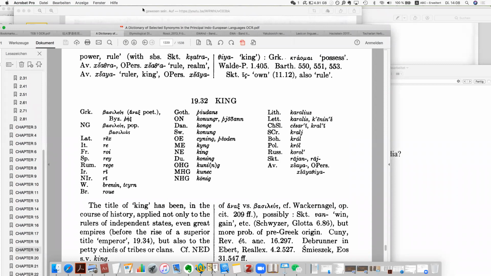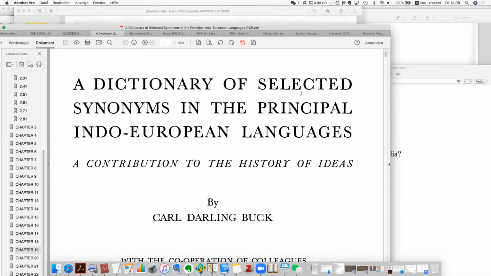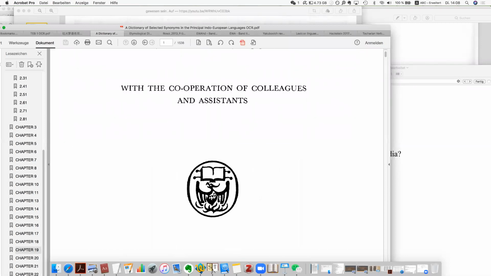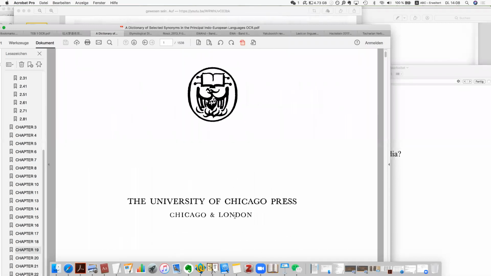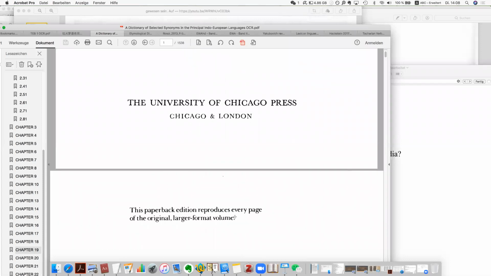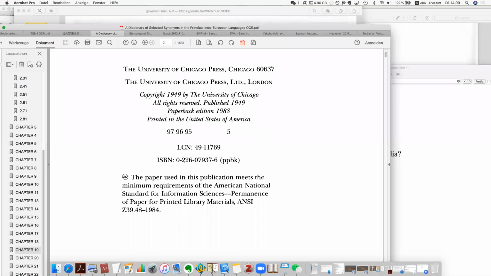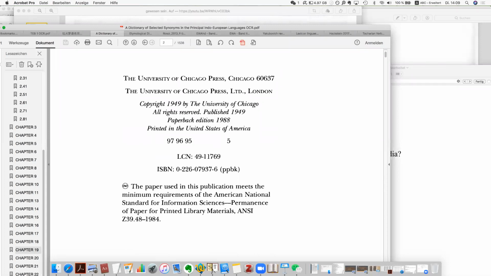Okay, you find the information in this book. It is called A Dictionary of Selected Synonyms in the Principal Indo-European Languages by Carl Darling Buck. It was published in 1949, and then reprinted.